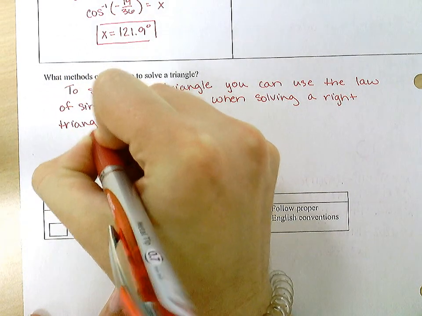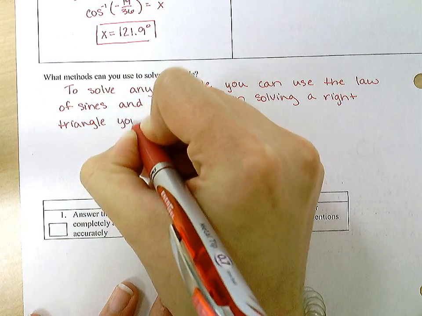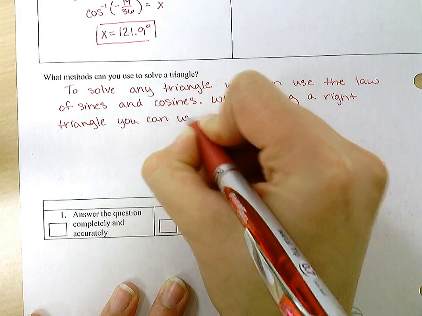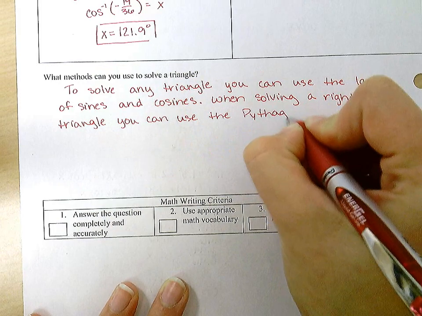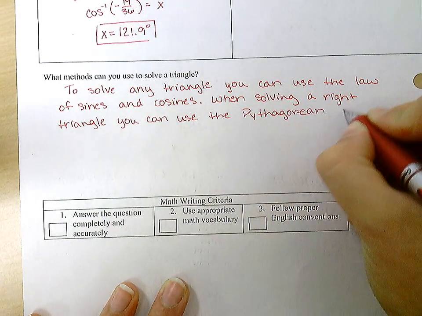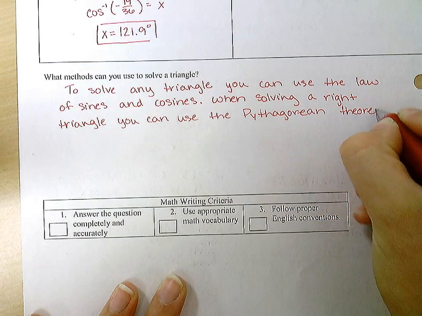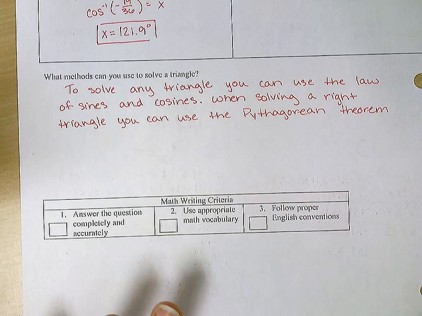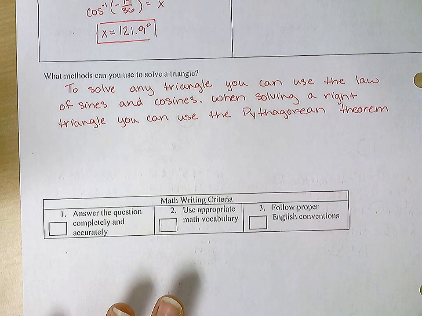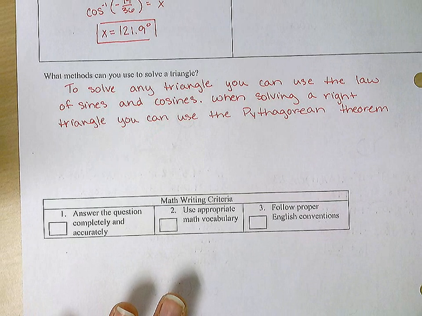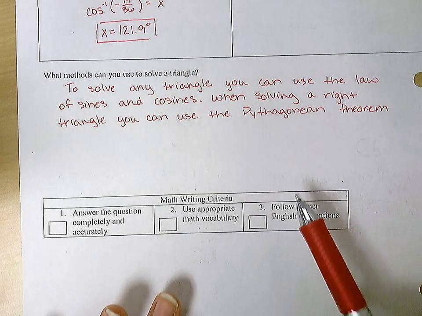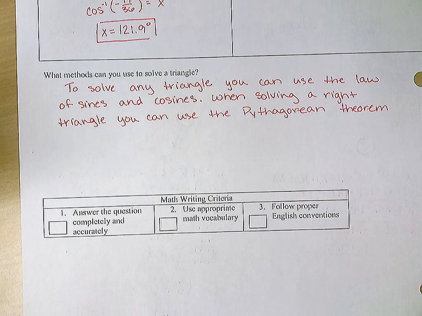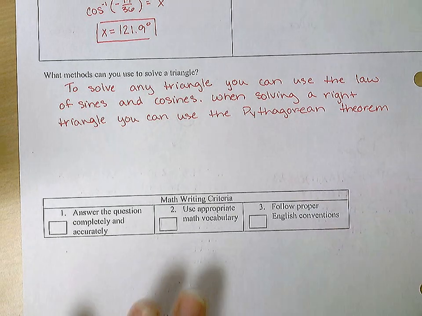So when solving a right triangle, you can use the Pythagorean theorem. Don't spell Pythagorean wrong. It is on that orange poster over there in bold letters. If you can see it. Okay, so you can use Pythagorean theorem. I heard special right triangles.